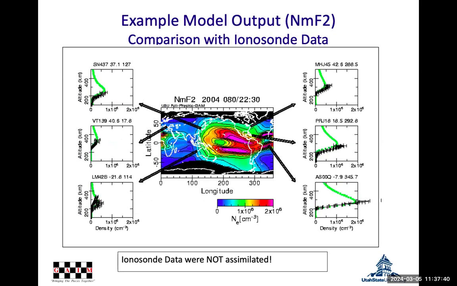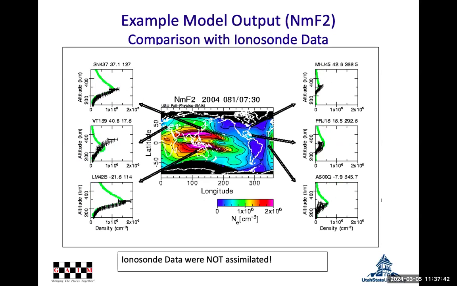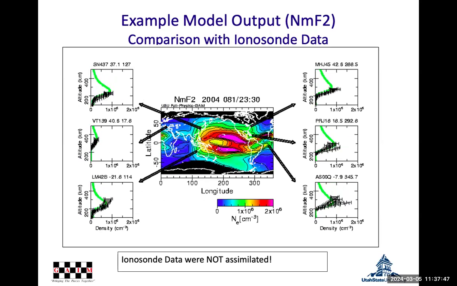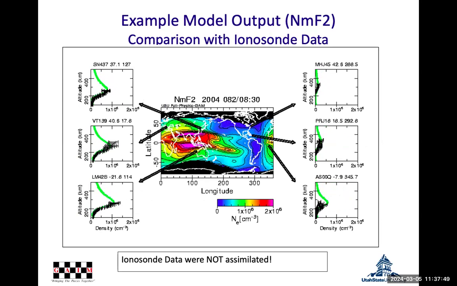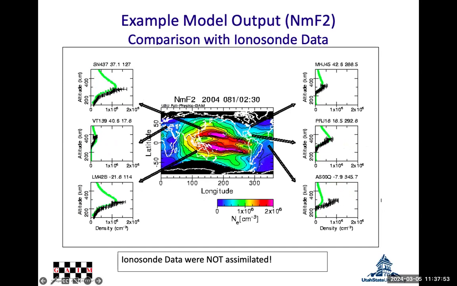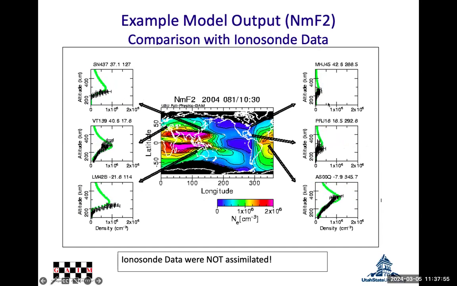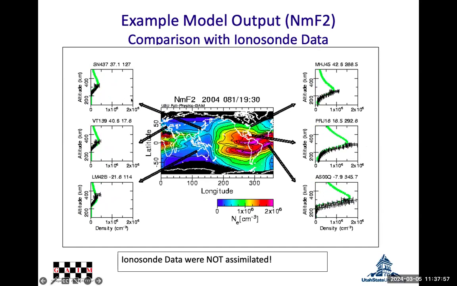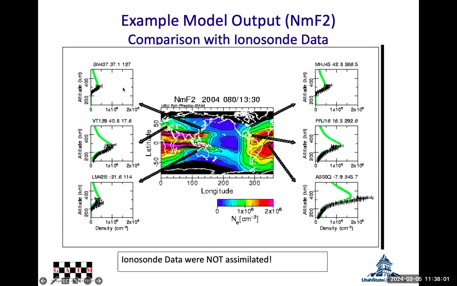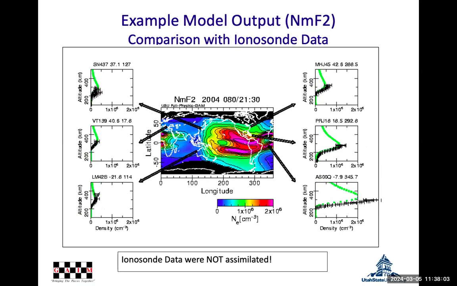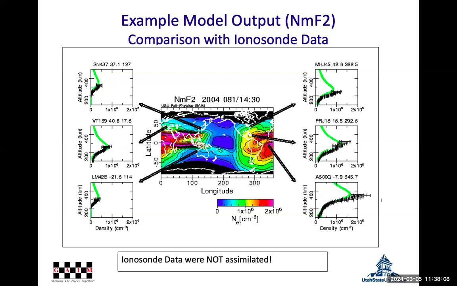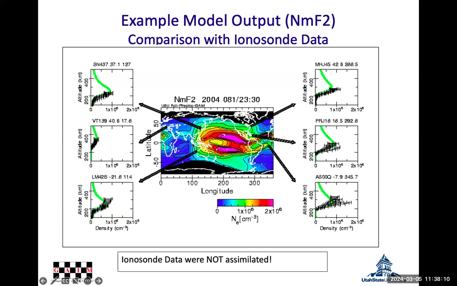Maybe some of you have seen this before, an output of the model, just to give you a feel for the dynamics that we're seeing. So this is NmF2 in the middle here, and then you see 6 panels on the right, where the black dots are ionosonde observations at various low and mid latitude stations, indicated here with these arrows.